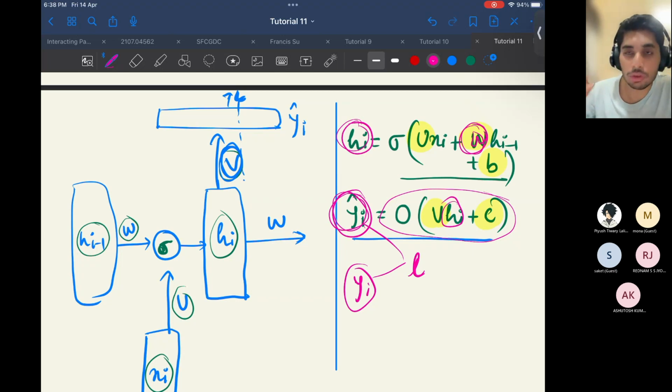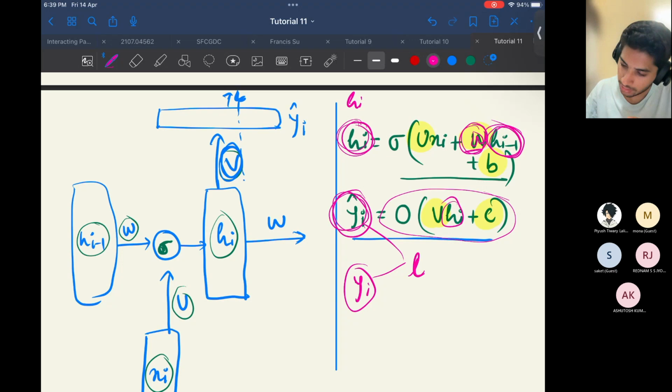However, this is not the only place where the loss will be affected by W. The other place where it will be affected is Hi minus 1. Now see, Hi is dependent on W. Similarly, Hi minus 1 will also be dependent on W, right?